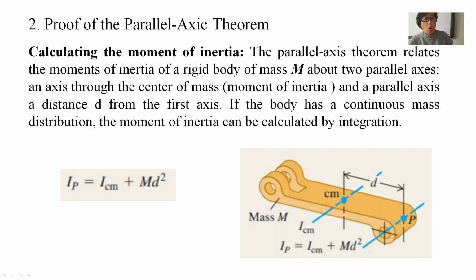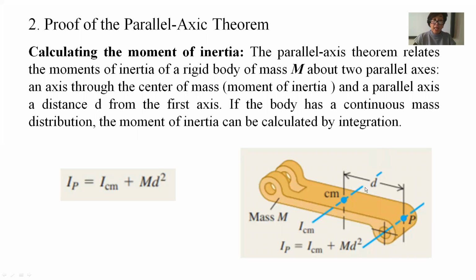We know the parallel axis theorem relates the moment of inertia of a rigid body. We're using this configuration: a rigid body of mass m, about two parallel axes. This is one parallel axis through the center.